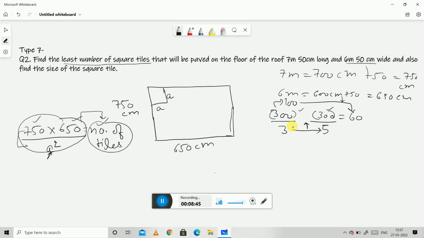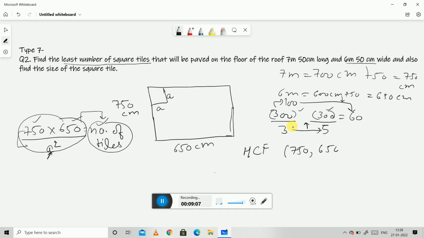So to make that number minimum, I need to put the highest value of a in the denominator. The highest value of a, which is going to divide both 750 and 650 completely, is nothing but the HCF of 750 and 650.